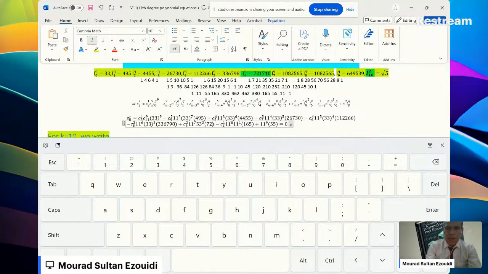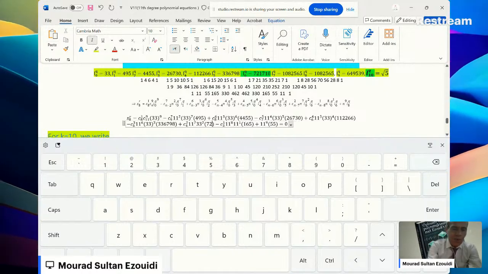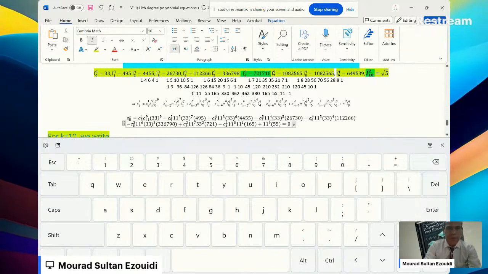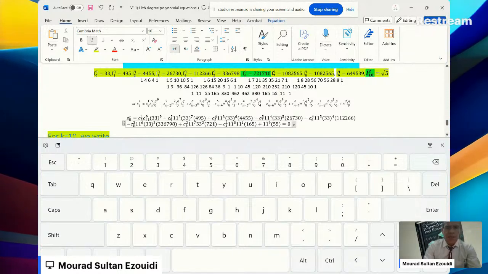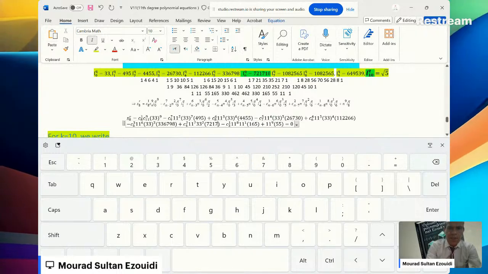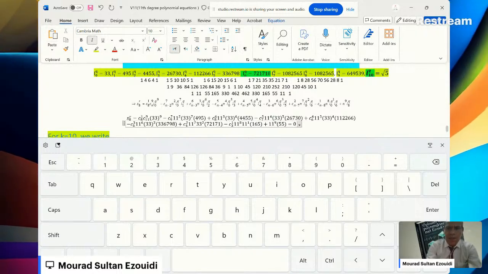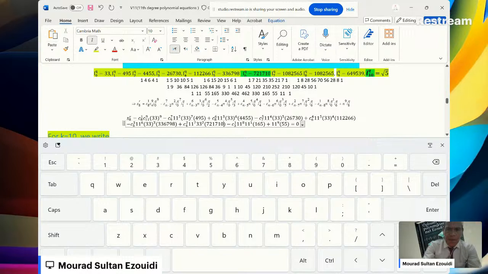This is 512. Okay. Then 7, 10. This is 7. This is 10. 2, 0. Okay. Then this is 33.